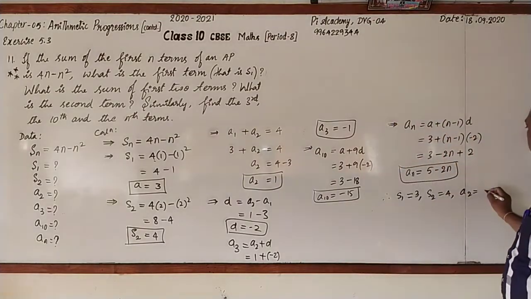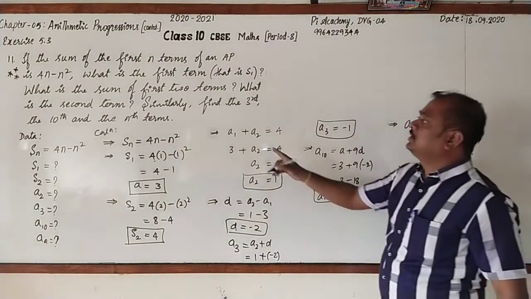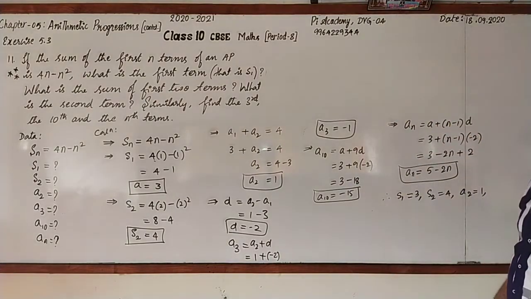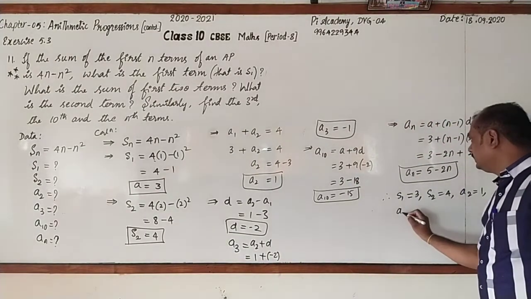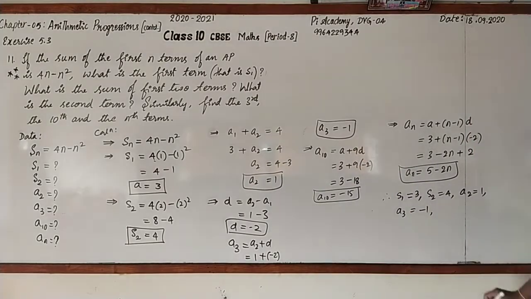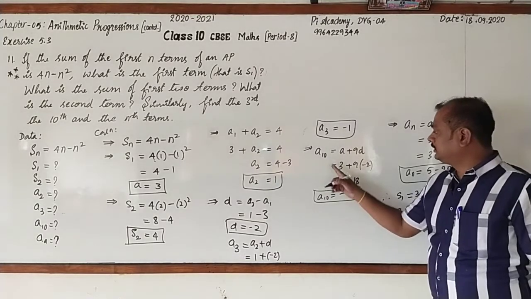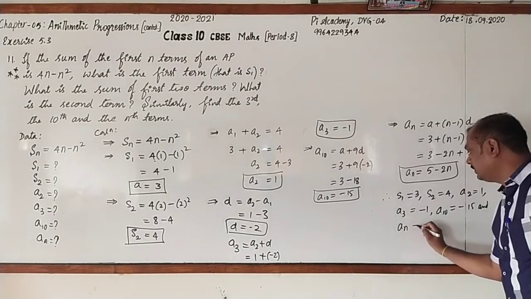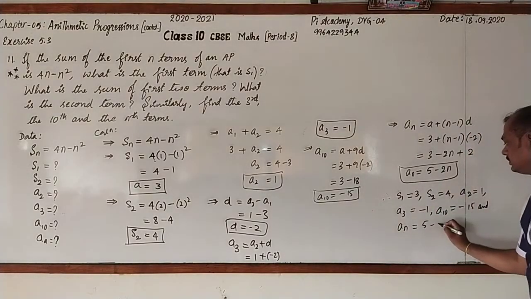This is 1. Next, similarly, find the third and 10th term. Third term, A3 is minus 1. 10th term, A10 is minus 15. And the nth term, An is equal to 5 minus 2n.